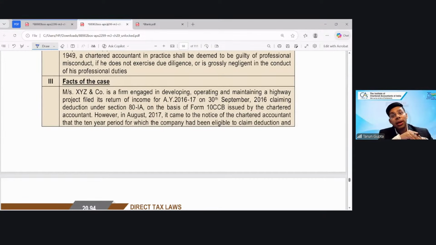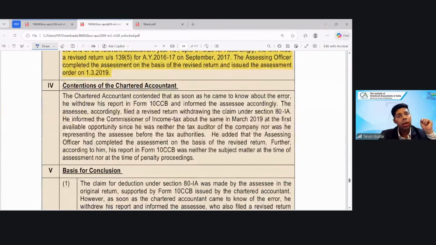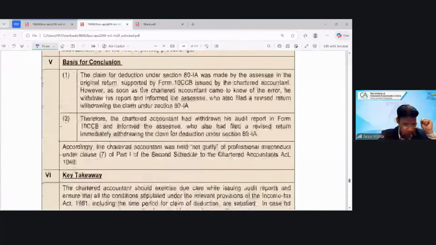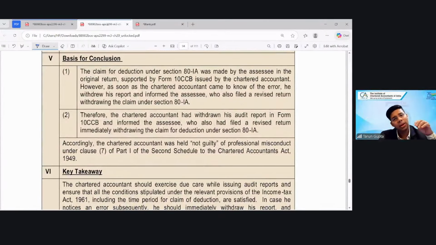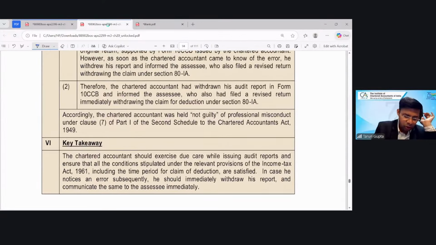The assessee revised the return and the assessment was made on the revised return. So it was held that the CA is not guilty of misconduct, because he immediately revised the certificate, ensured that the return was revised, and the assessment was also done on the revised return. So he was held not guilty.